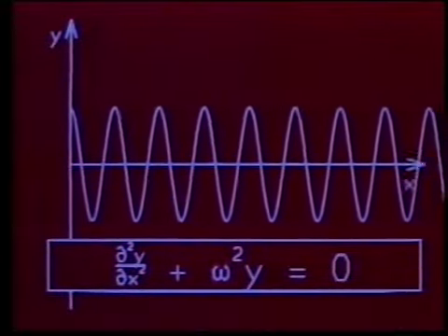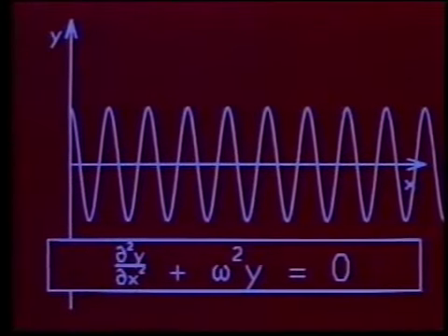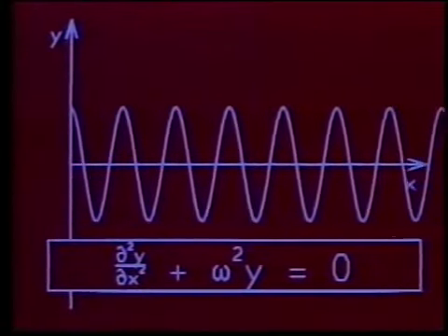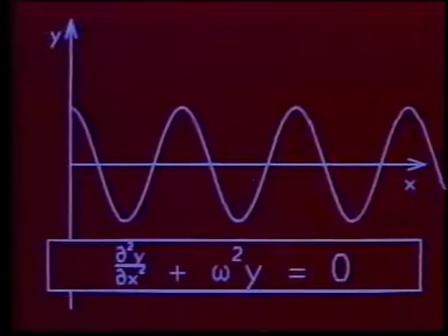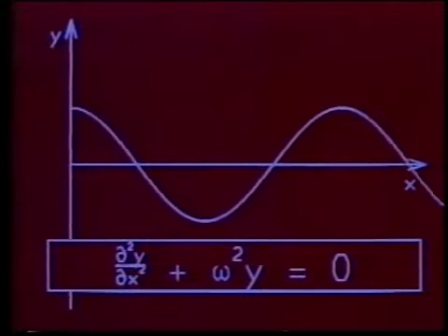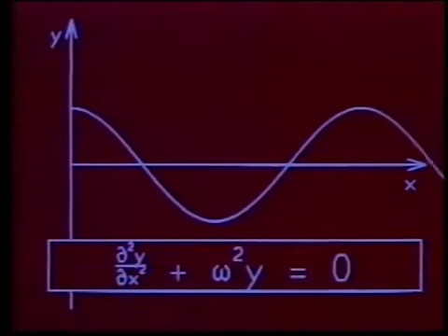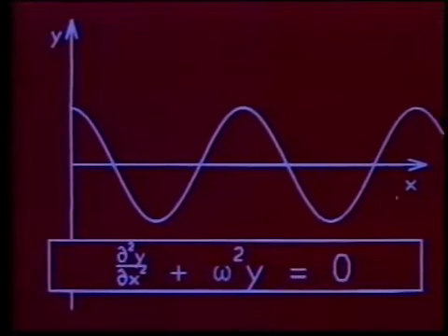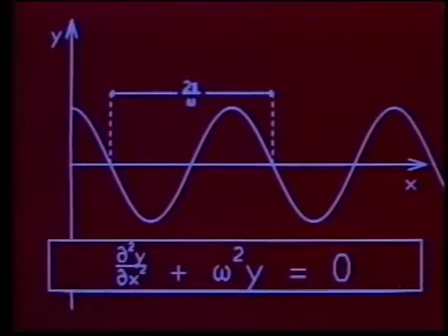If omega is larger, we get this, high frequency. If omega is smaller, we get this, low frequency. This is the period of the oscillation. That's the time it takes the oscillation to repeat itself.